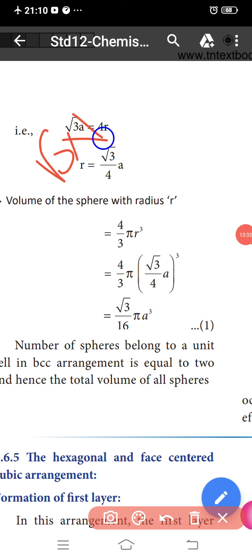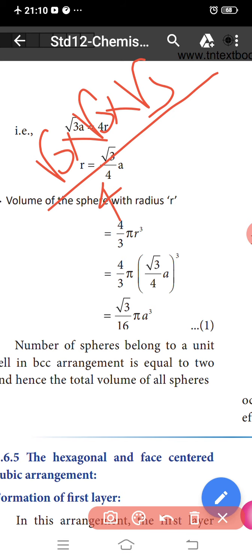Root 3 into root 3 into root 3, divided by 4 into 4 into 4, A cubed.